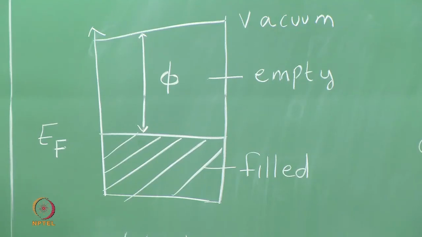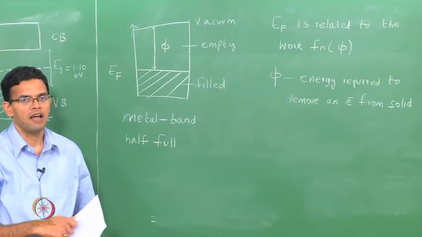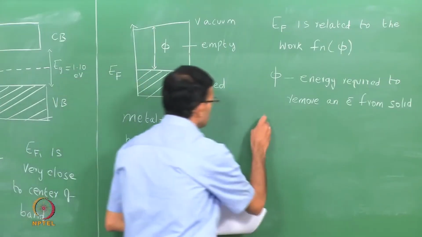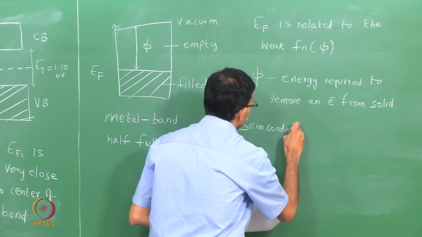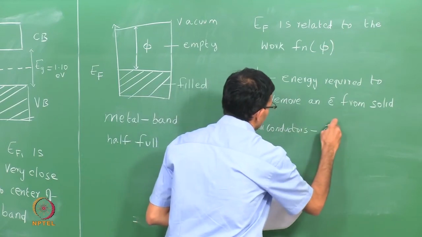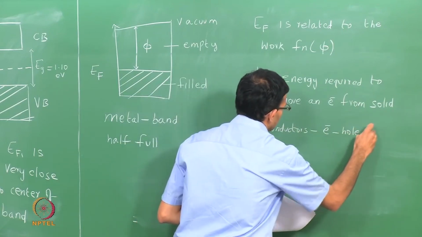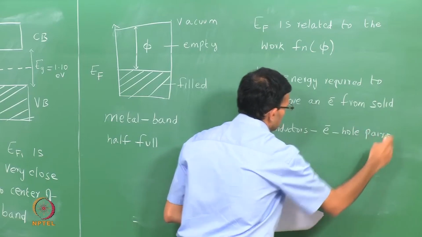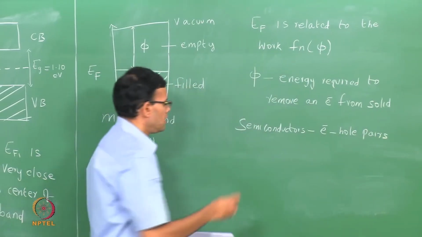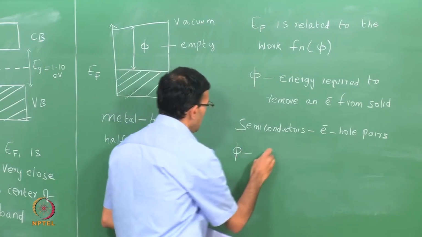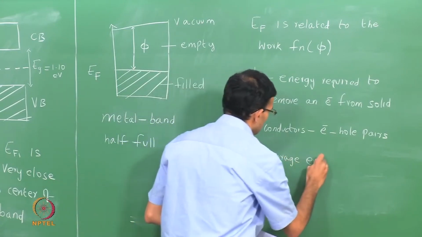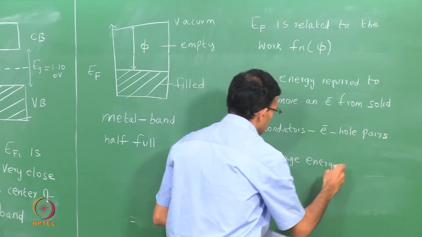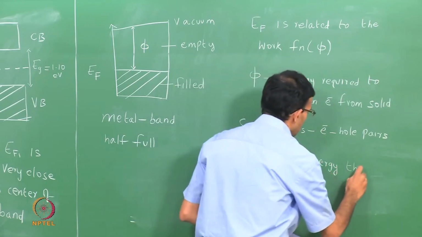In the case of semiconductors, we do not have electrons independently, we always have electron hole pairs. So, in such a case, psi represents the average energy that is required to remove an electron.